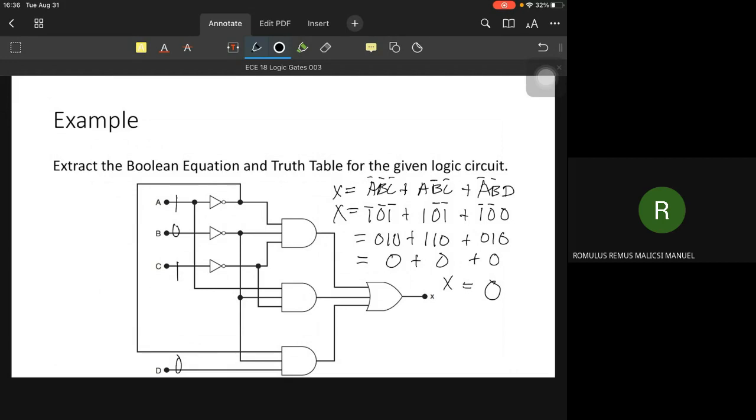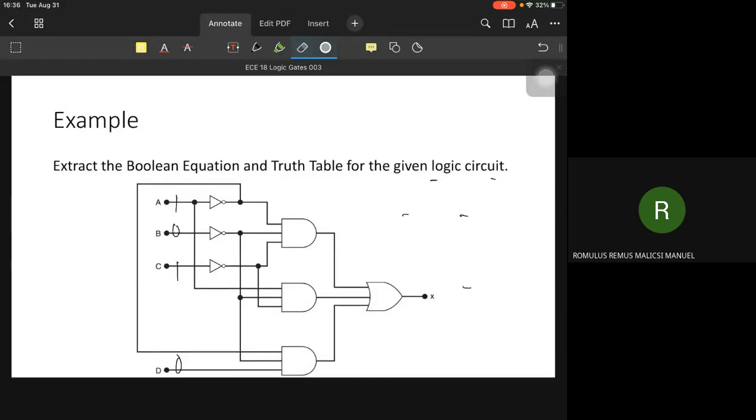So far, any questions? So that ends our discussion on the basics of logic gates. Next meeting, I think appropriate ang topic for next meeting. We'll be dealing with Boolean simplification.